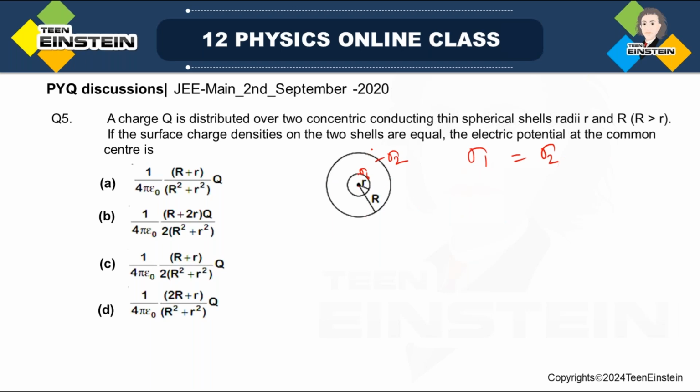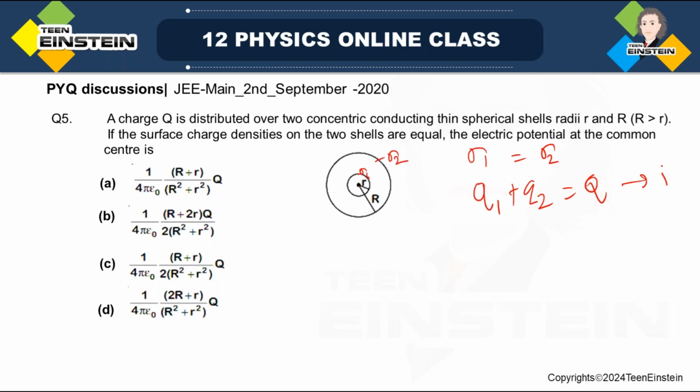All right. So in this case, let me just consider one thing. Once the whole charge Q is given, the charge will be distributed such that the surface charge densities are the same. So I can say Q1 plus Q2 becomes the total charge. What is Q1?